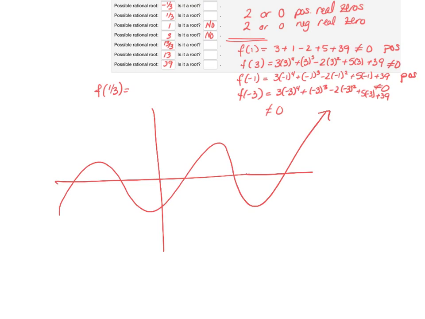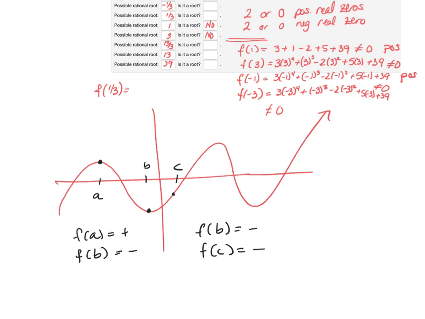So if my output, as an example, I chose this number, my output was positive and my output was negative on this one, when I chose that number, say this is A and I chose B. Since f of A is positive and f of B is negative, I had to have crossed between them. But if I put in, say, C and it's also negative, if f of B is negative and f of C is negative, I don't know if I crossed or not. So the intermediate value theorem only works if the sign changes.